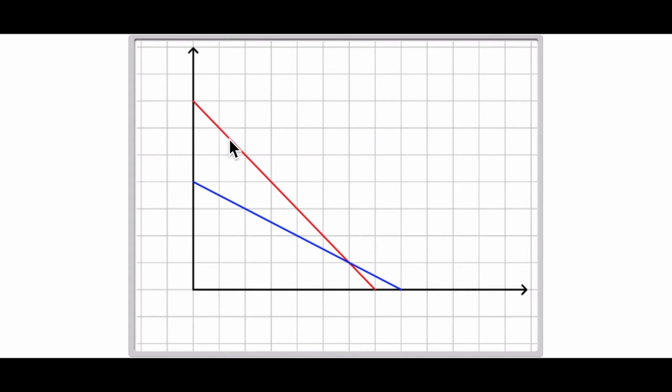So this is decreasing faster than this. So eventually the red graph will catch the blue graph because it's decreasing faster, or you can think of the blue graph slowing down to allow the red graph to catch it, because the blue graph is moving slower for each unit along the x-axis.